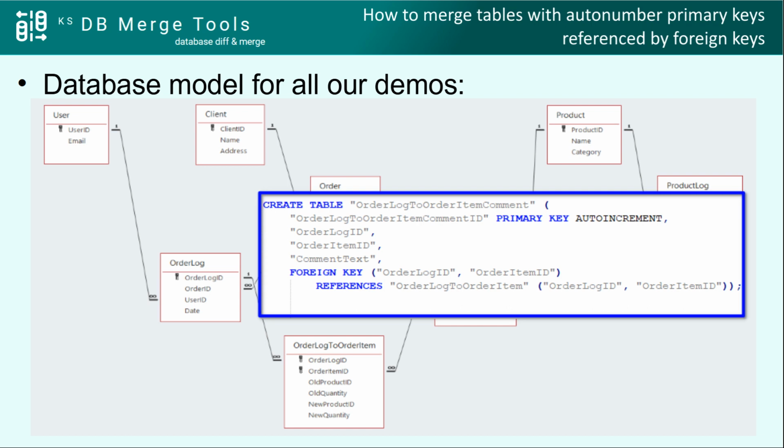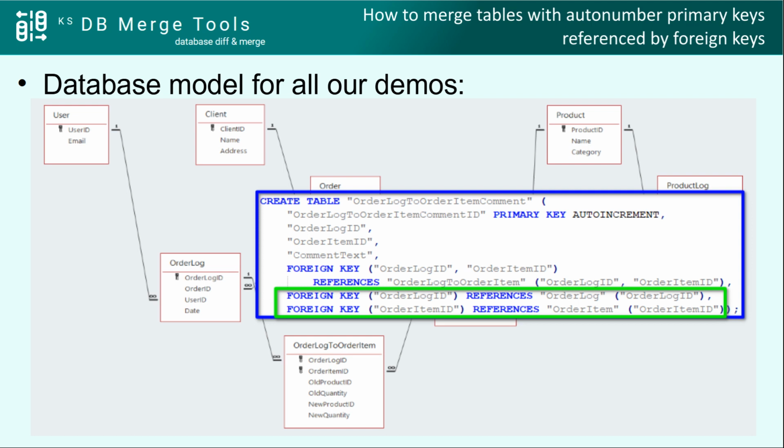But since it is not a single-column primary and foreign key, the current implementation of Id-Remap merge will not work for this properly. This table just will not be shown in the Id-Remap configuration, and no insert statements will be generated for it. But, if you're performing a one-time data migration, there is a simple workaround. You can create additional temporary single-column foreign keys, use them for Id-Remap, and then drop them after merge completion.